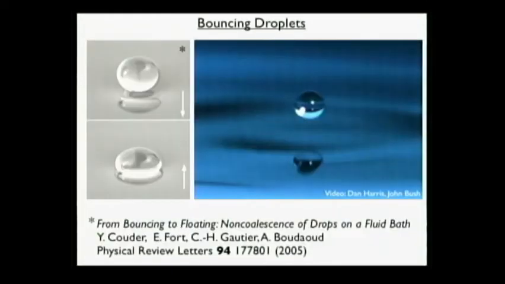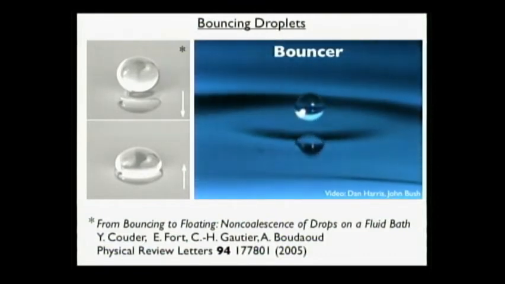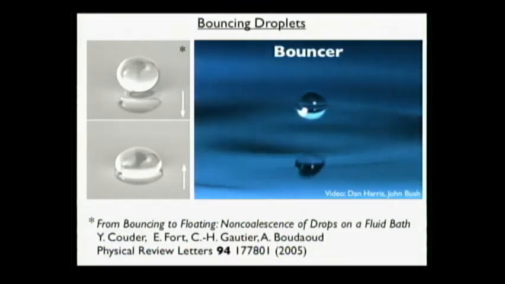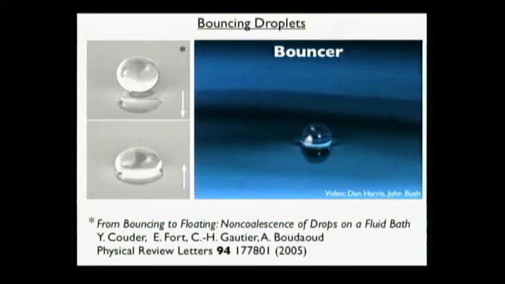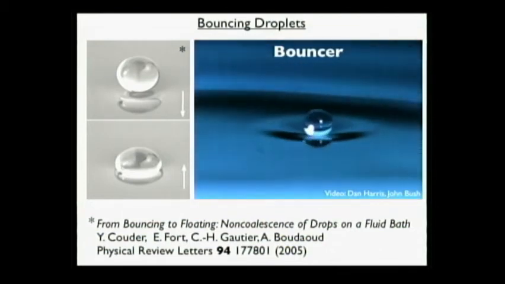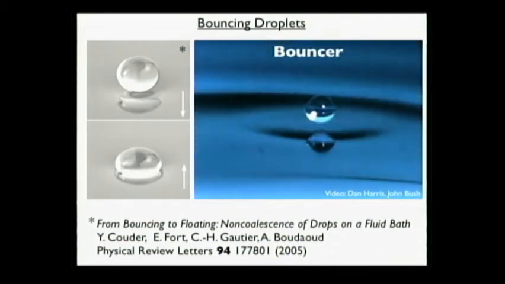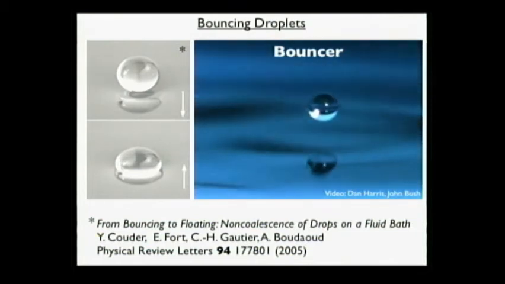And what was achieved combining these two phenomena is if you shake the bath, you provide the possibility for this air layer that's separating the droplet and the fluid bath to replenish, and so coalescence is inhibited, and you can obtain this novel object, which is being called a bouncer, which can have different bouncing states, different periods of bouncing, and as is reported by the experimentalists, this state can be held for weeks even.